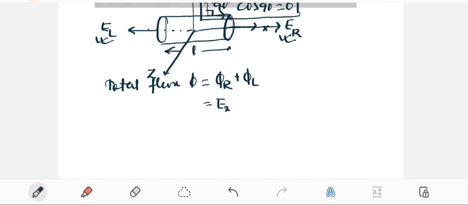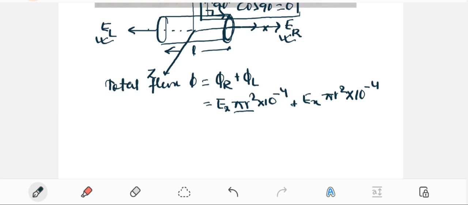The cross section of the cylinder is circular in shape, therefore the area will be pi r square, and the radius was given in centimeter, so we have to convert it into meter. Therefore this becomes 10 to the power minus 4, plus Ex, and for the left hand side also Ex, and it will be written as pi r square into 10 to the power minus 4.